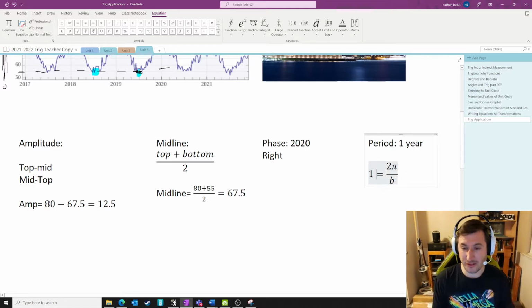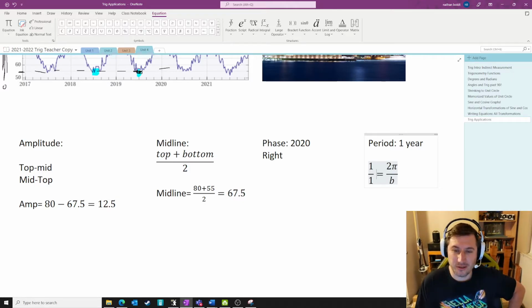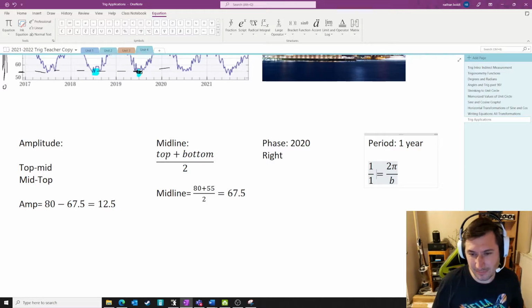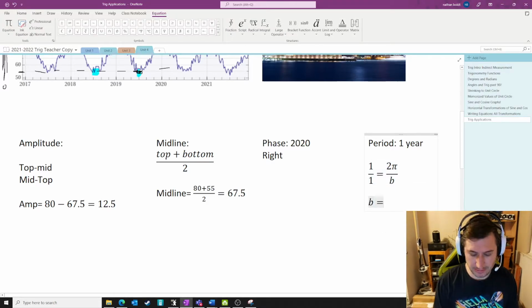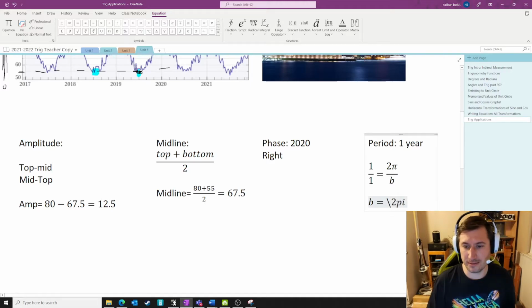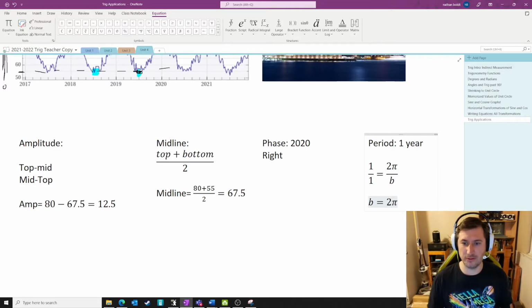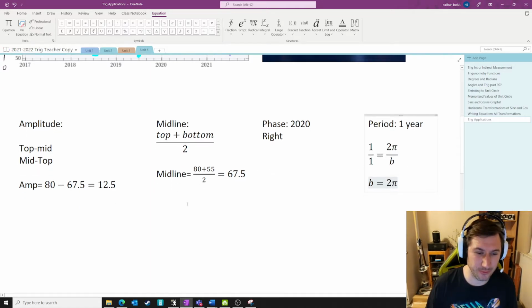So we've got to solve this equation for b. Thankfully, this is really easy. Put that over 1, cross multiply, and it basically solves itself because b is equal to 2 pi in this case. There's the 2. So we got 2 pi for b.